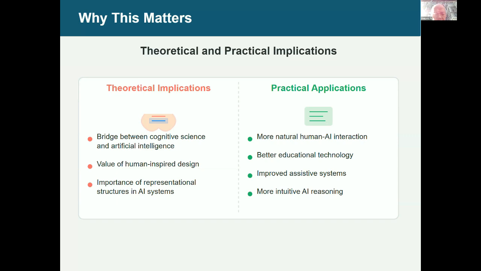They can improve assistive systems for people with disabilities, and they can facilitate more intuitive AI reasoning that humans can better understand and trust.